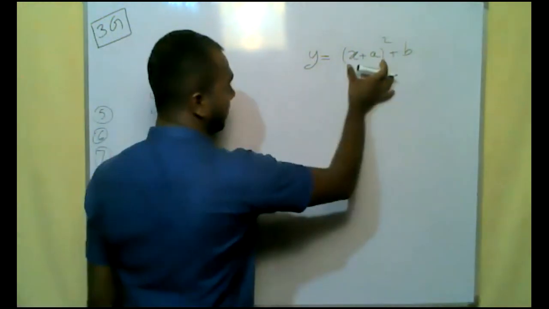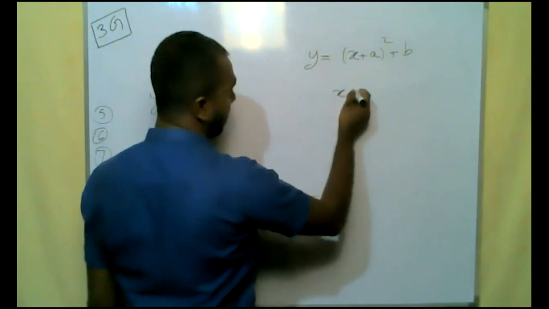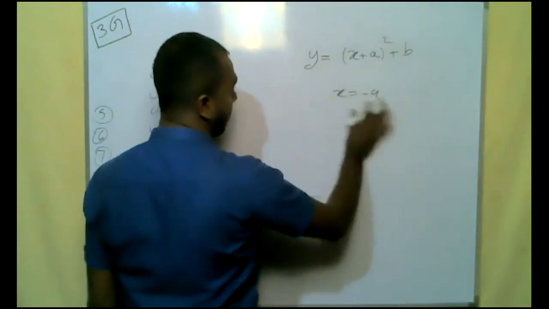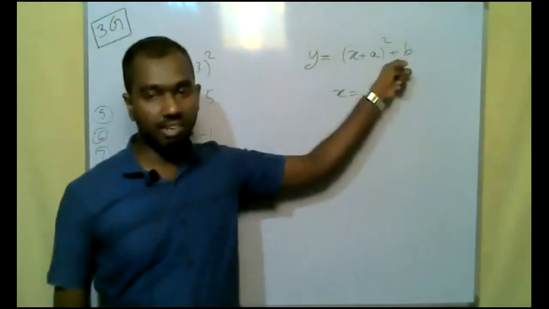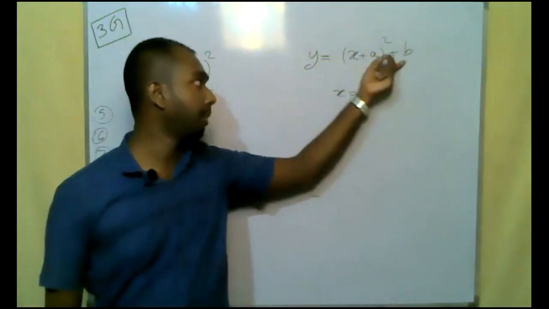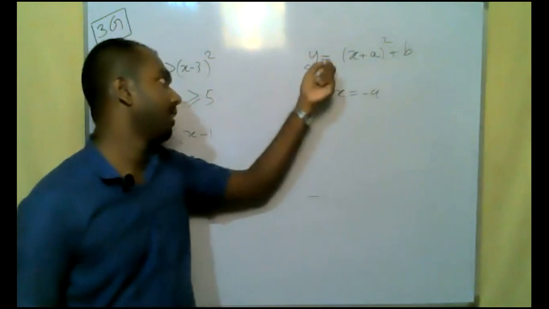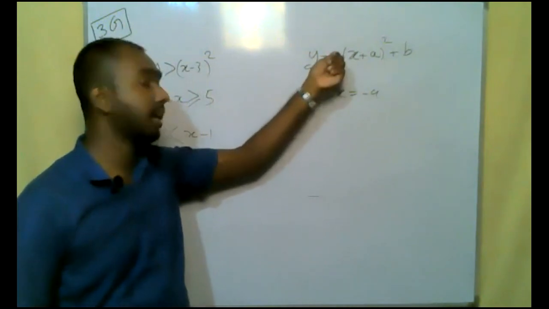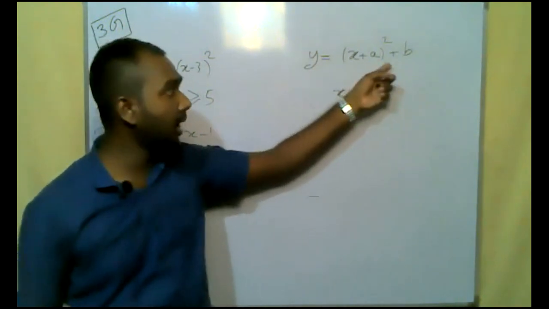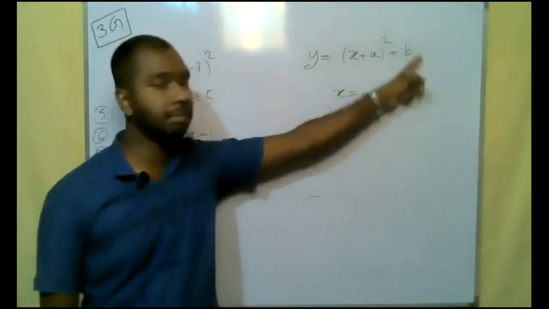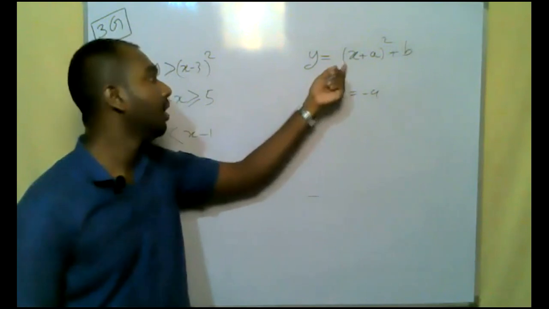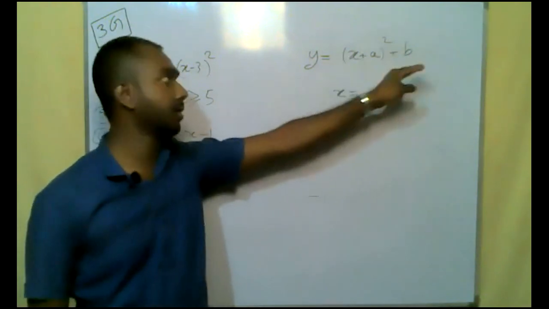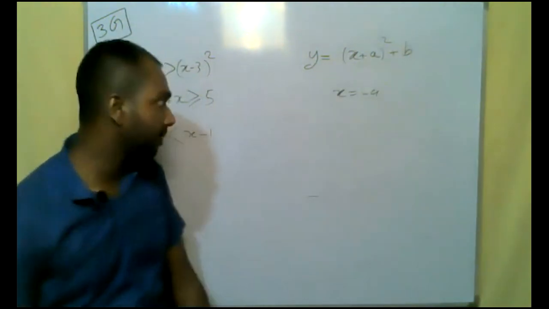That means equalizing this part to zero, you get x equals minus a. And the constant b gives you the maximum or minimum point. If the coefficient of x squared is positive, it's going to be a minimum shape, so b will be the minimum value. If the coefficient of x squared is negative, then it is a maximum shape, so the maximum value is again b.